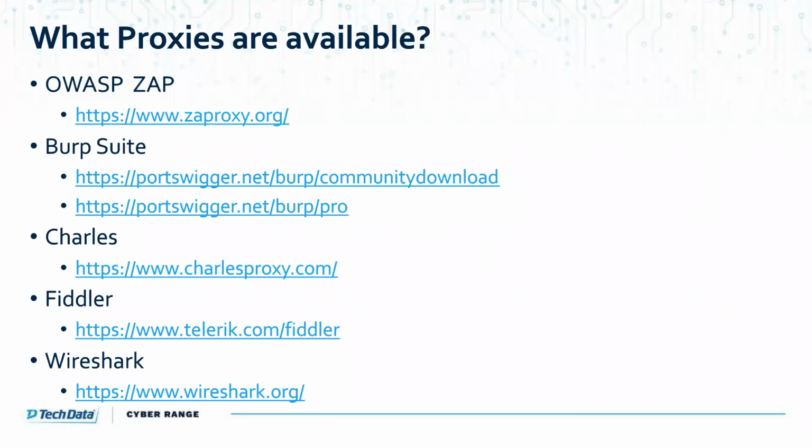So there are some differences between the community edition and the pro version. Pro version is an annual subscription, but like I mentioned before, when you pay for the pro version, you get more features. So there's also Charles and Fiddler, and we'll talk a little bit about Wireshark. Wireshark is not typically known as a proxy.